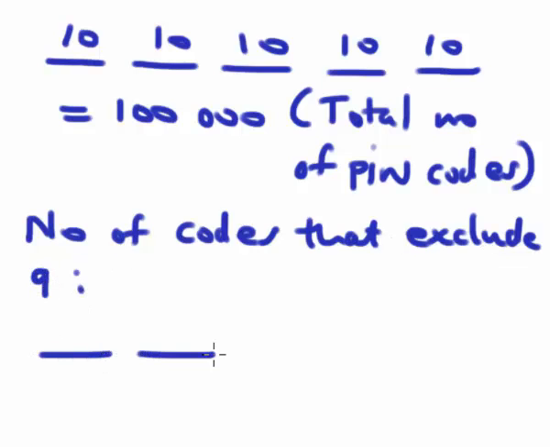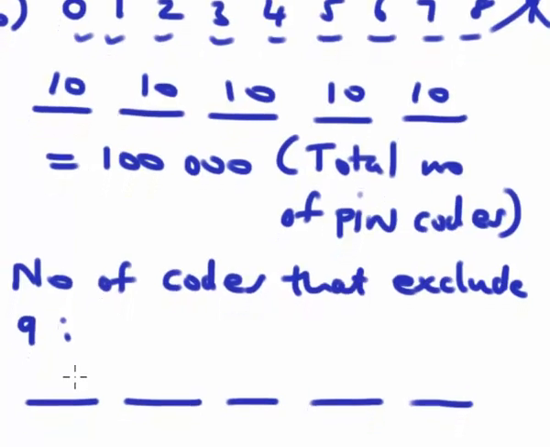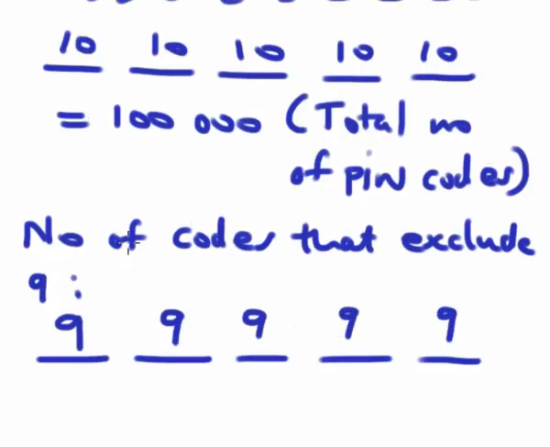Well, let's have a look at this. If we exclude 9, then we've got a total of 1, 2, 3, 4, 5, 6, 7, 8, 9 possible numbers. So we've got 9 in the first position, and because we can repeat, we can keep having 9 possible digits there, but we're excluding the number 9.